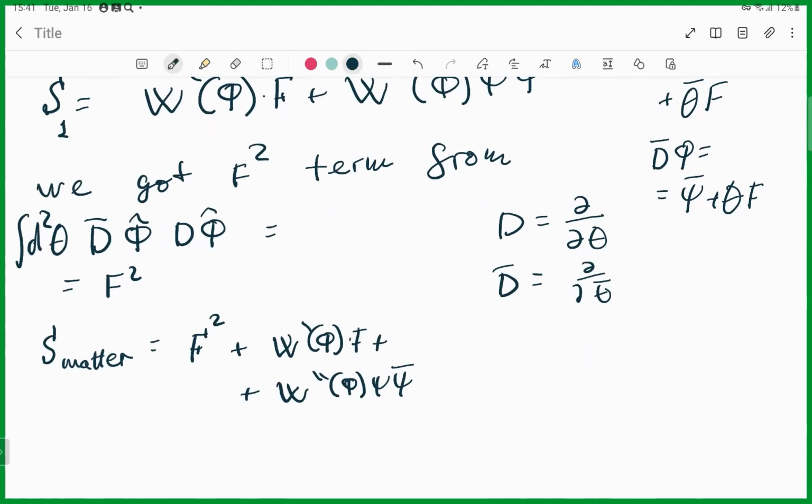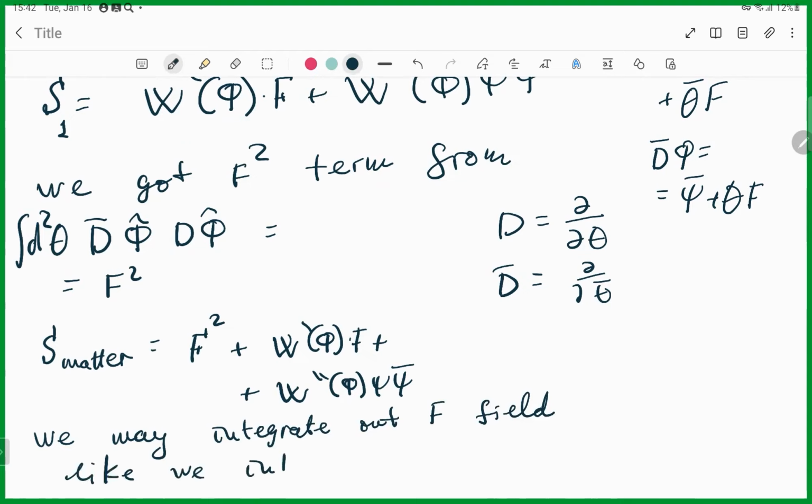Now, we may integrate out the f field, like we integrated out the phi 1 field in the previous example.